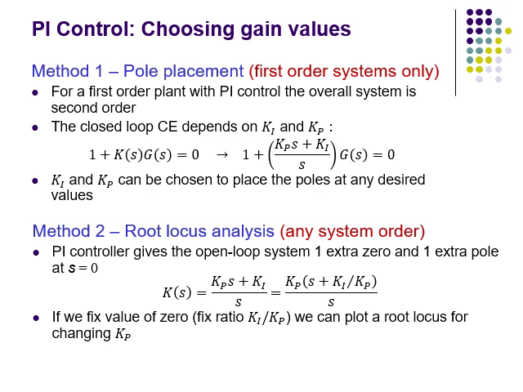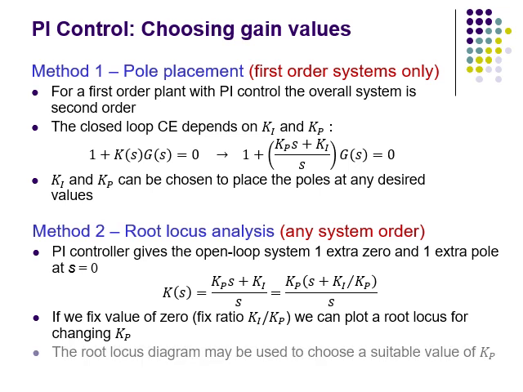So to sketch a root locus, we first fix the controller zero, so we fix the ratio of Ki over Kp, and then we can sketch the root locus based on the pole-zero map of the open loop system, which now includes both G and K. This way we can use the root locus to help us choose a suitable value for Kp. And then the value of Ki comes from the value of Kp because we've already fixed the ratio of Ki over Kp.